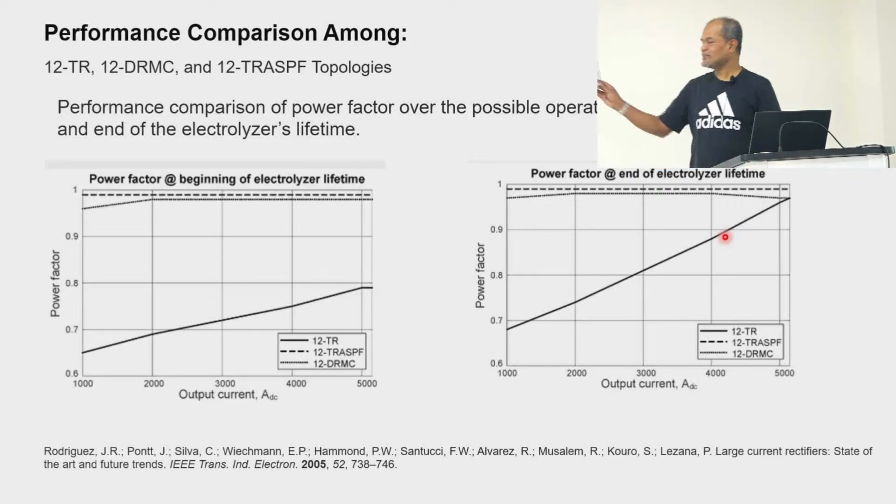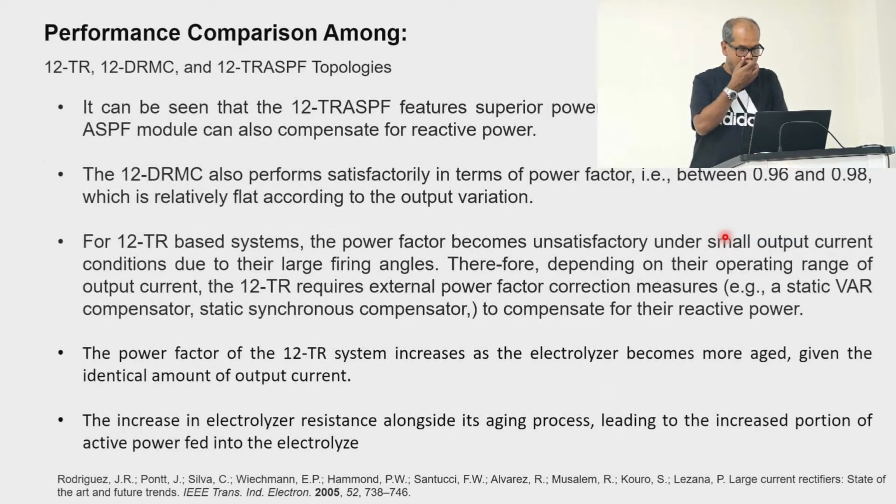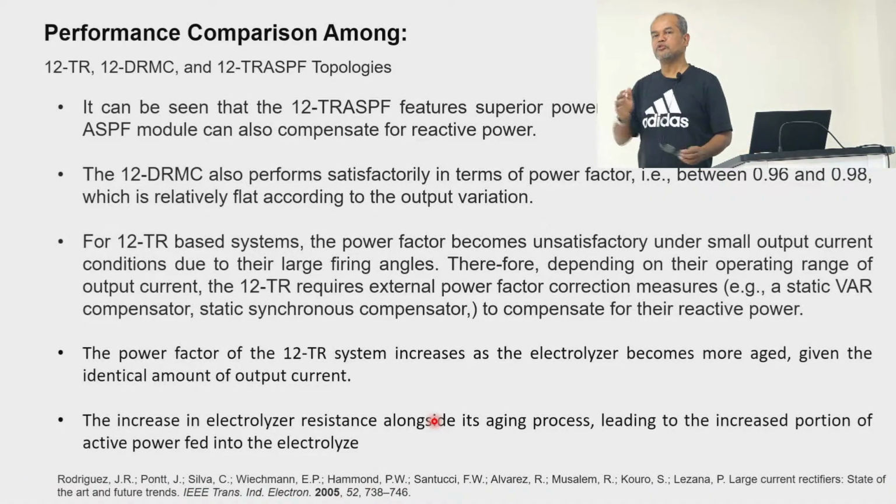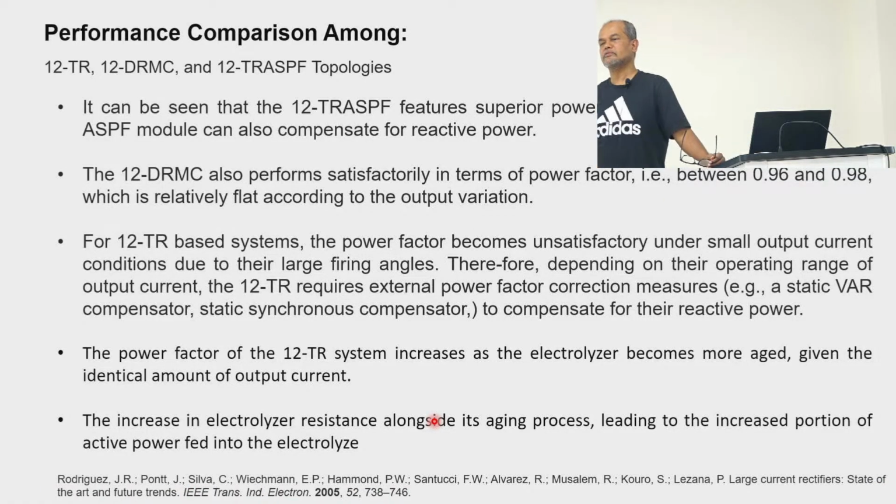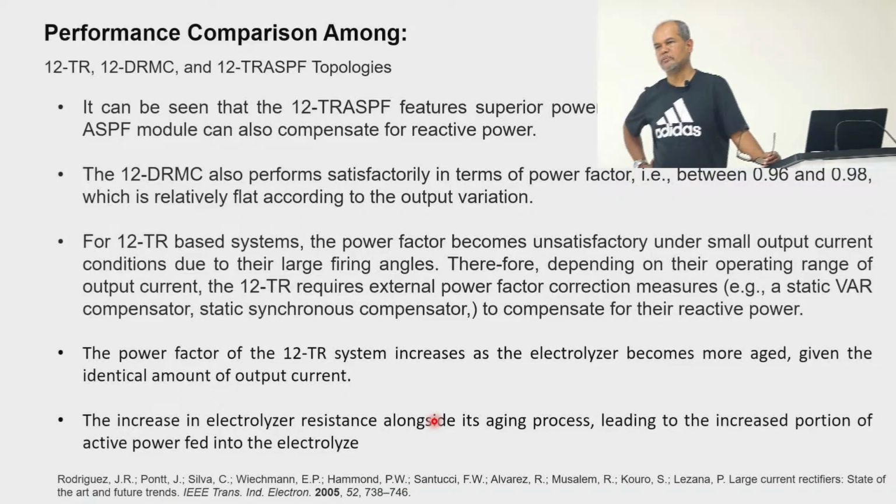But the reason here is that at the end of the aging process, there is an increase in the electrolyzer resistance. When we use it for a longer period of time, it actually increases the resistive value.